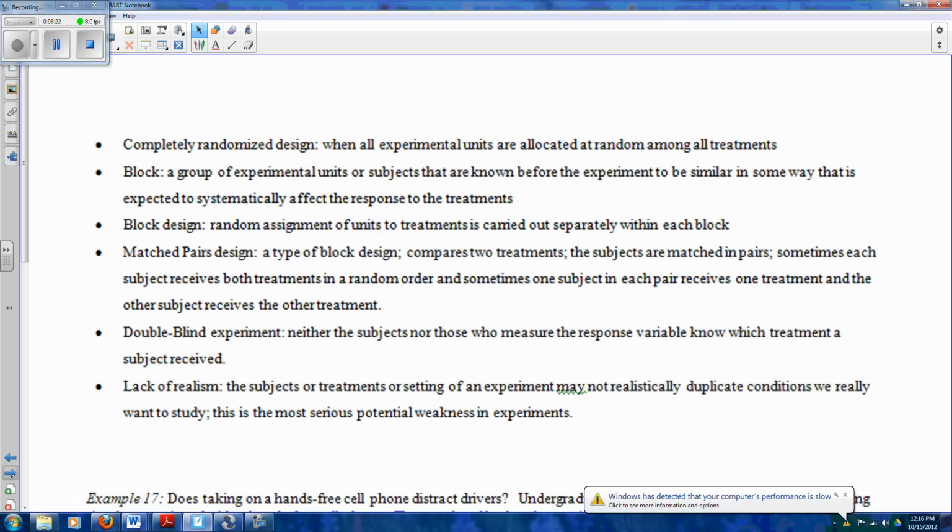Double blind means that also the person who's measuring the response, so taking their blood pressure, monitoring it and calculating it, doesn't know which treatment they had either. Because as humans, if you knew which treatment they had, you may be likely to round up or round down, almost even subconsciously, to help the study.